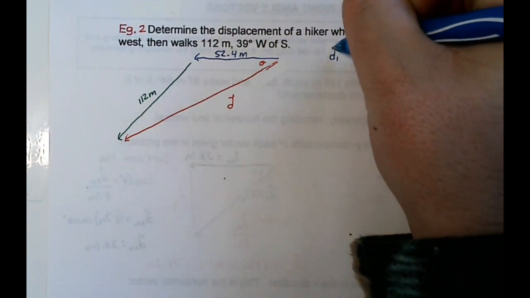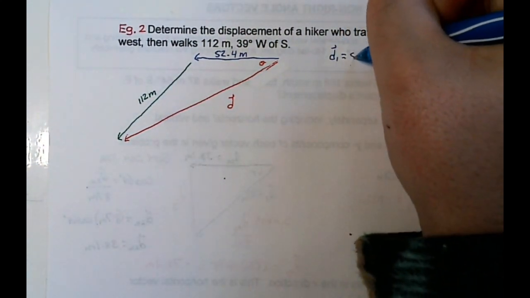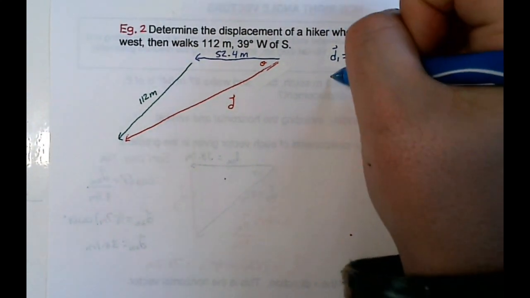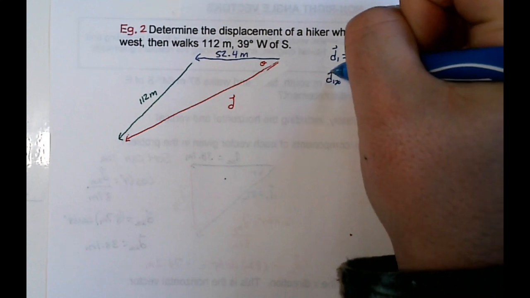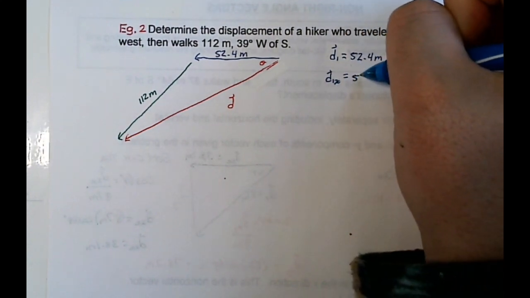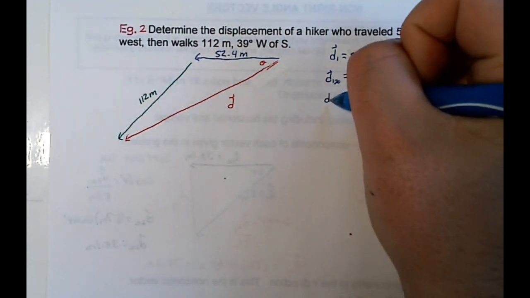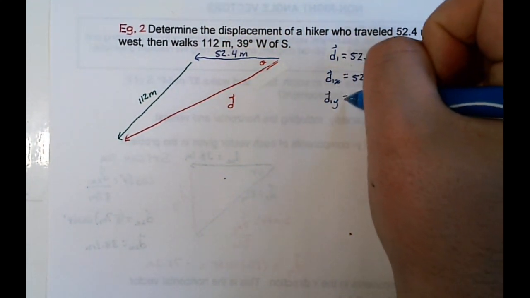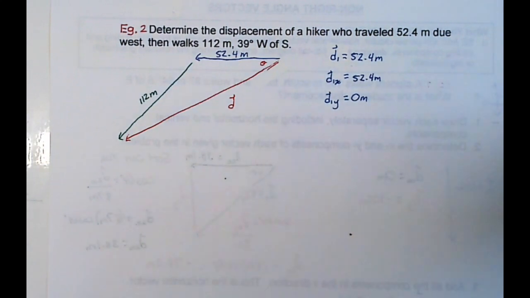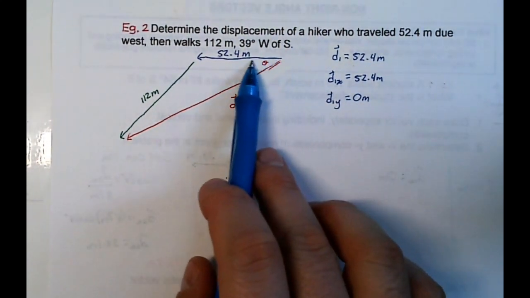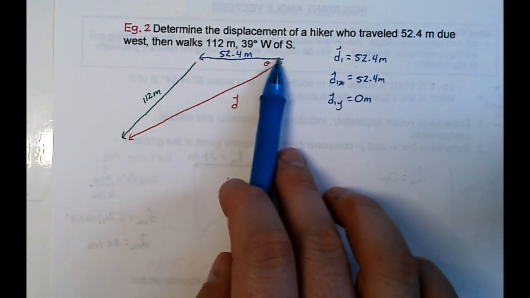So our displacement 1 is equal to 52.4 meters. Our displacement in the x direction, again, is 52.4 meters. And our displacement in the y direction is 0. He is not traveling vertically at all. That is pretty easy when it's only in one direction.